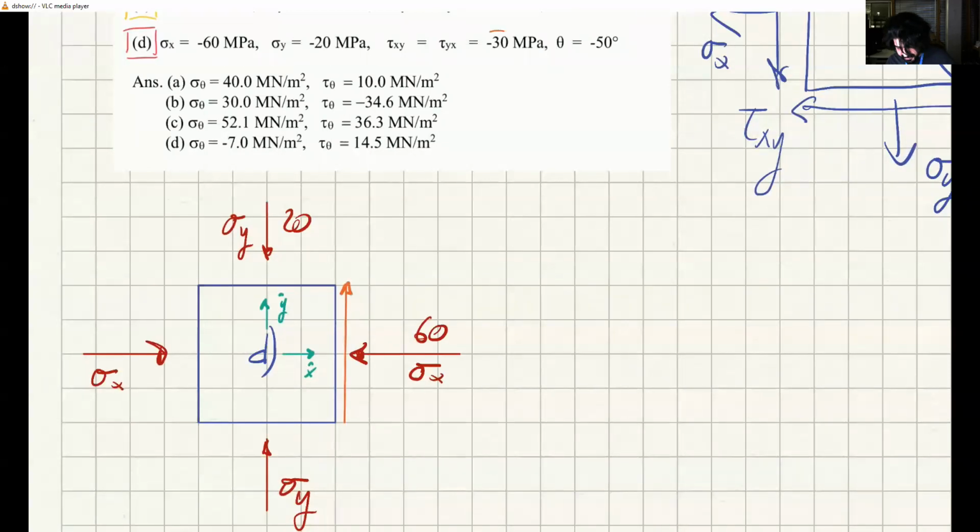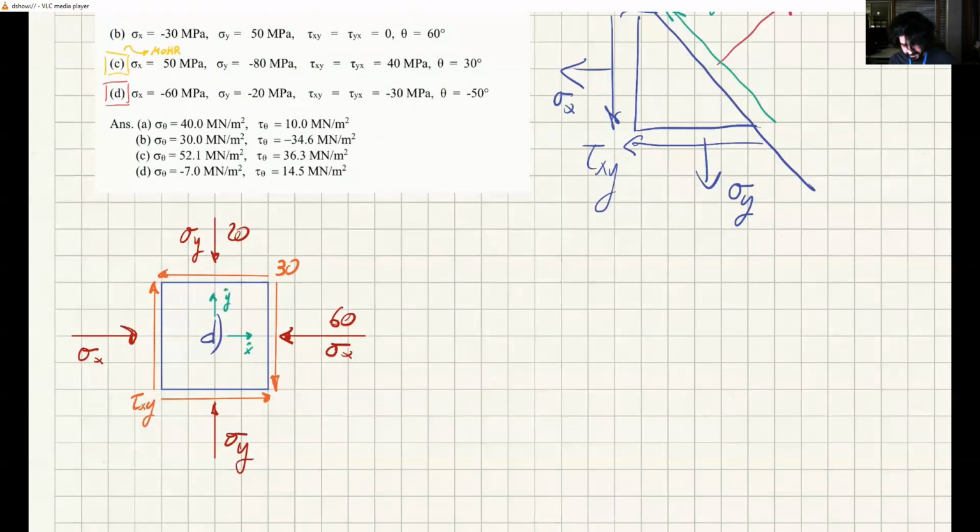But since it's minus 30 megapascals, I'm drawing it in the opposite direction. So here it is very easy to see that this goes in this direction. And of course, the other two must be pointing in these other two directions. So this is minus 30 megapascals, which is tau xy.